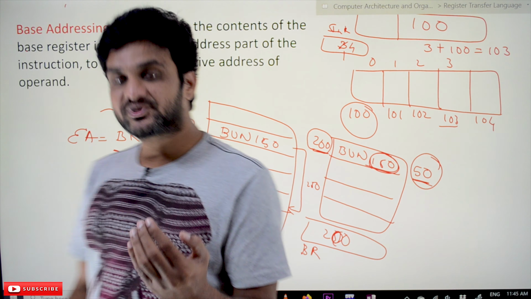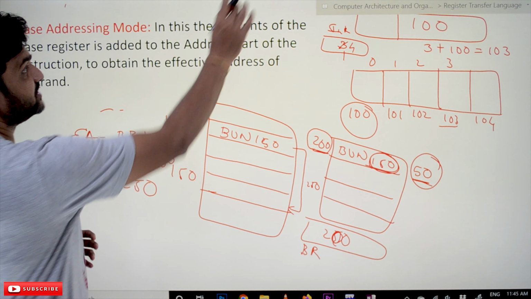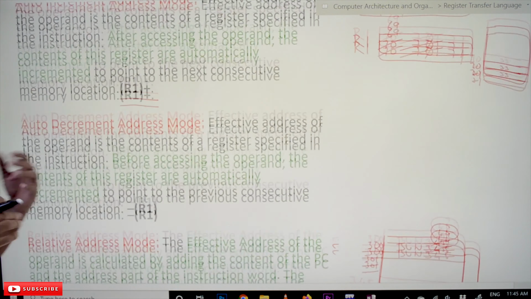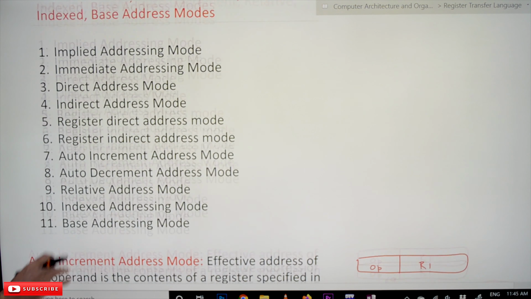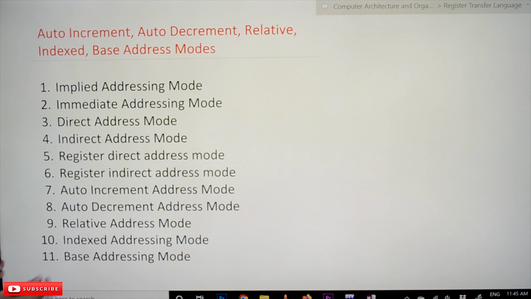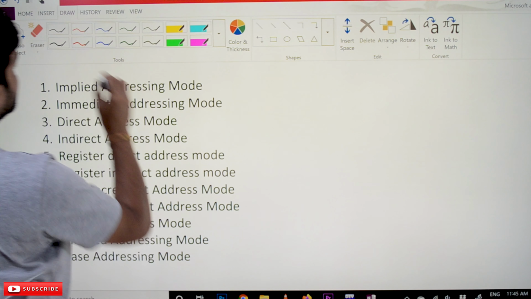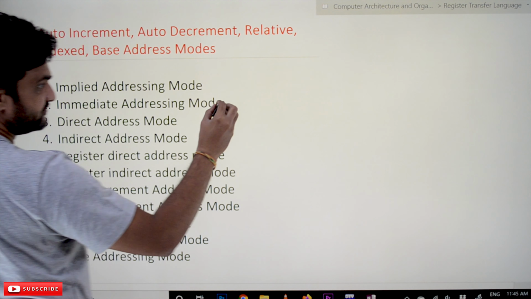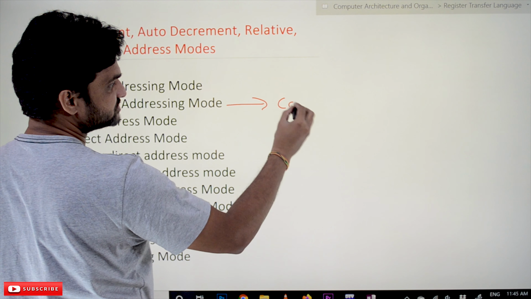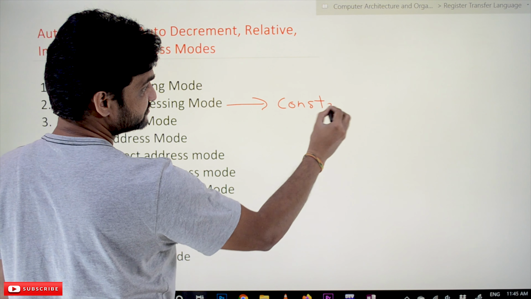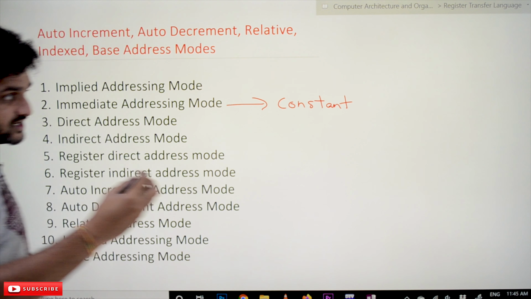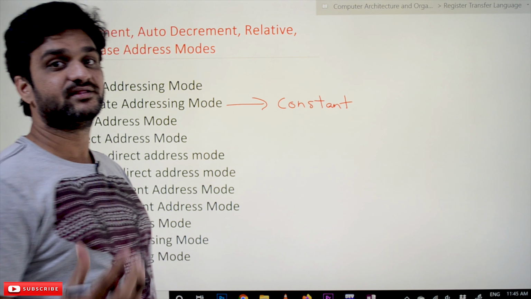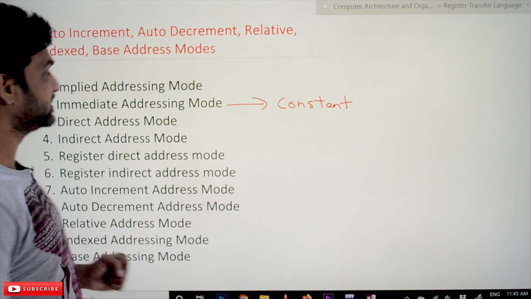Let's try to recap the concepts, from the first addressing mode, immediate, and what kind of programming features are possible with each addressing mode. This is very important because many GATE questions were asked on it. With immediate addressing mode, constants get implemented, in the sense that the value of the operand is directly provided in the instruction, so the constant is directly accessed.